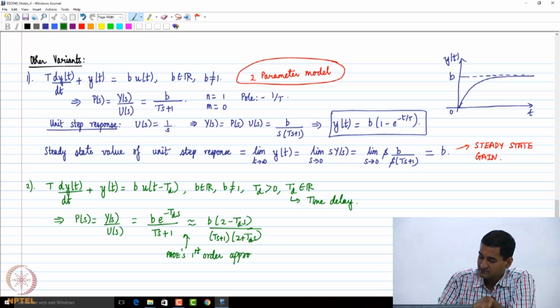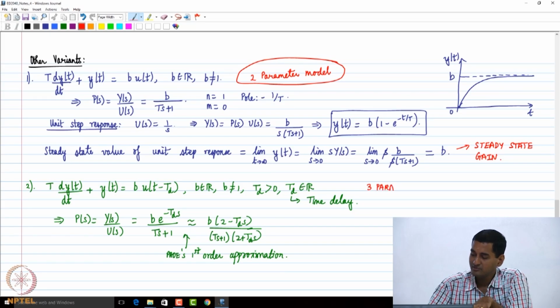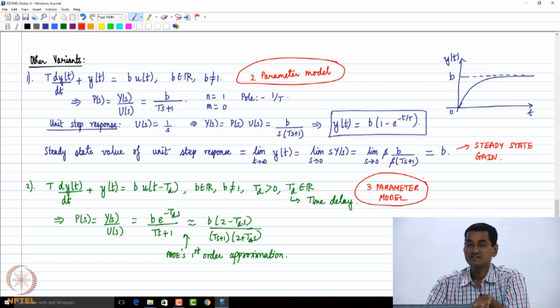So but the thing is, now how many parameters do we have? We have 3 parameters. So this becomes a 3-parameter model. Okay, so that's another variant.